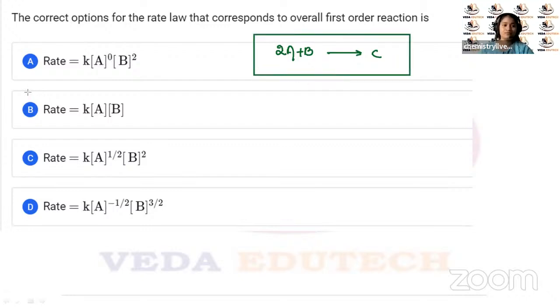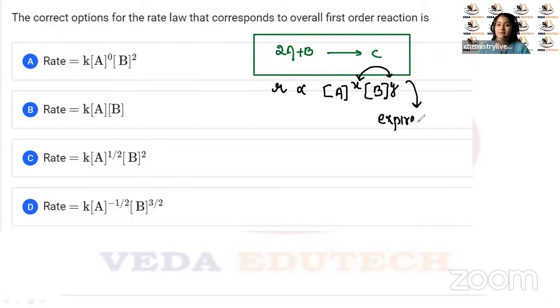As we know, the rate of reaction will depend on the concentration of reactants to some power. Now this power, this x and y, how do you find out what this power is? These powers are found out experimentally.